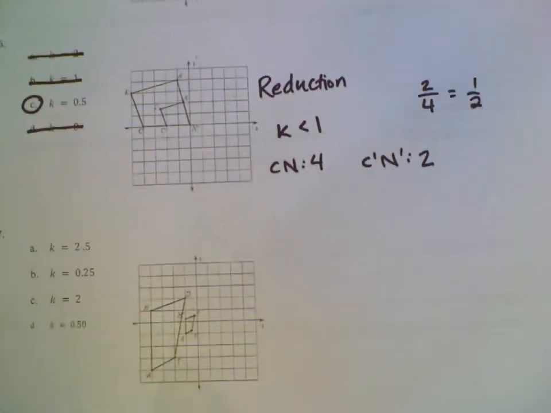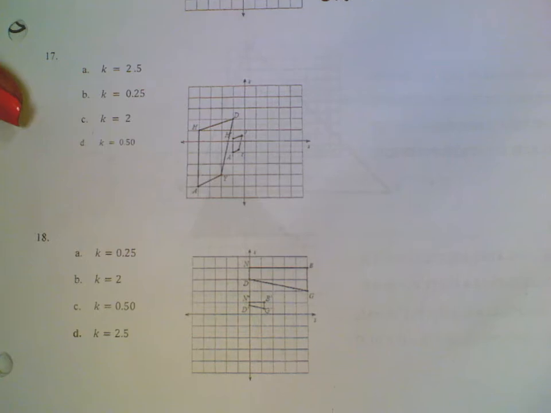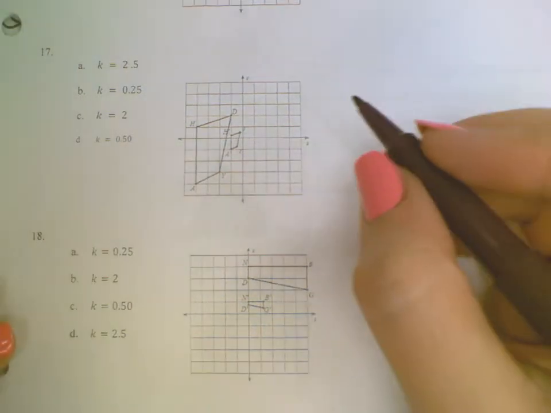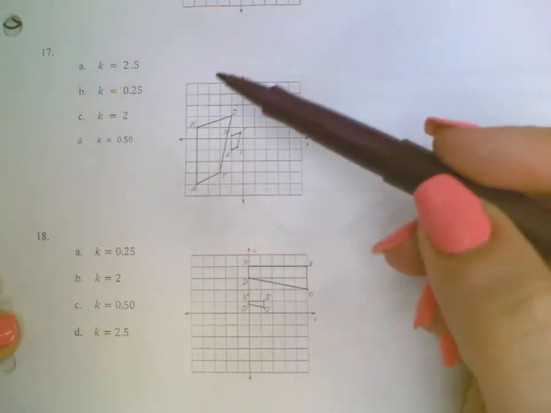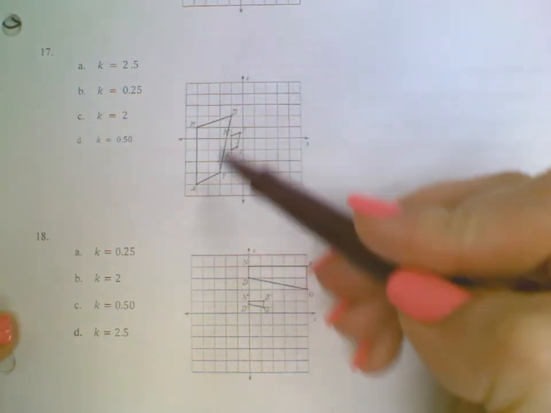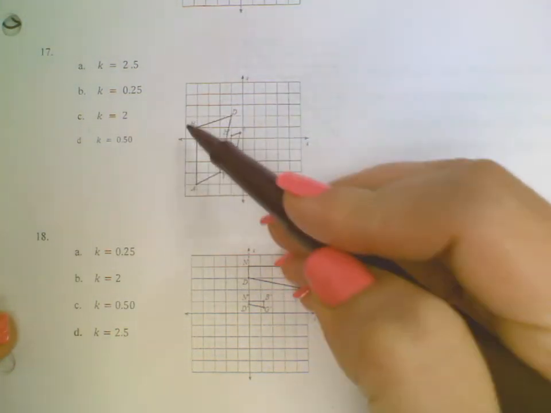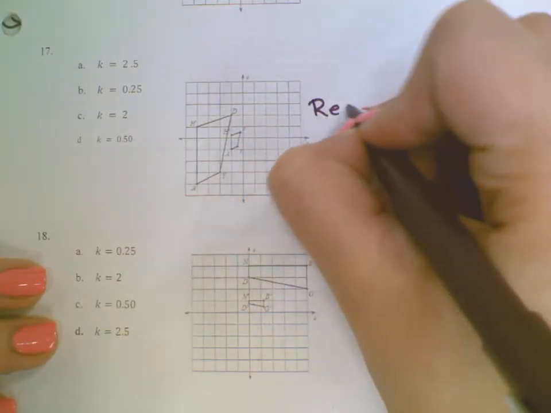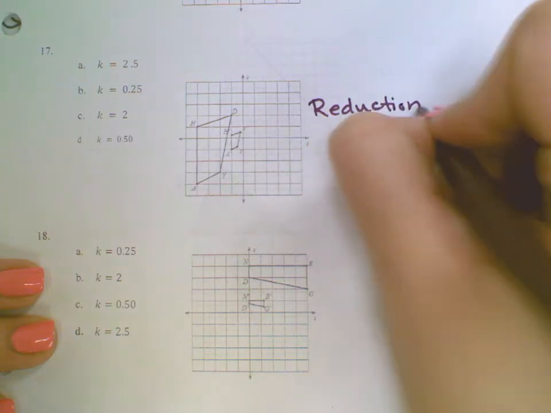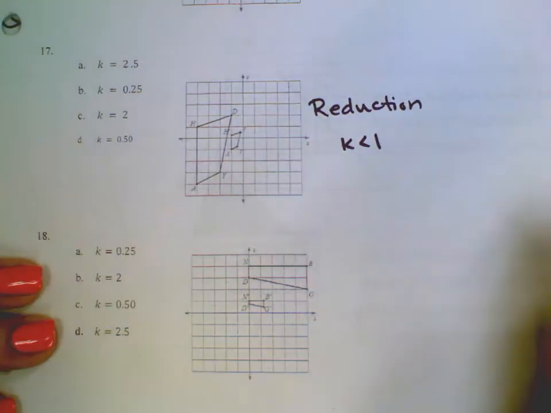For number 17, we're finding the scale factor again. So I need to figure out which one is my image and pre-image. My pre-image will not have the primes on it, so it's the larger, and it will be shrinking down. So this is going to be a reduction, which means that my scale factor is less than 1.